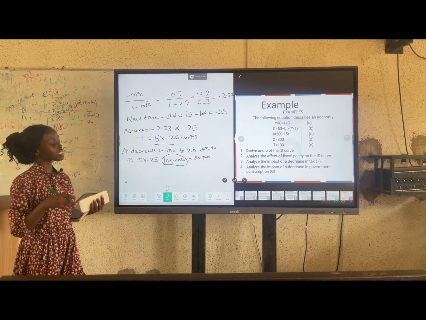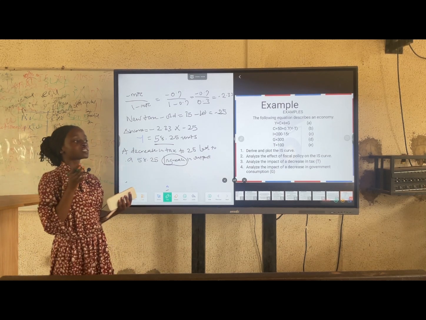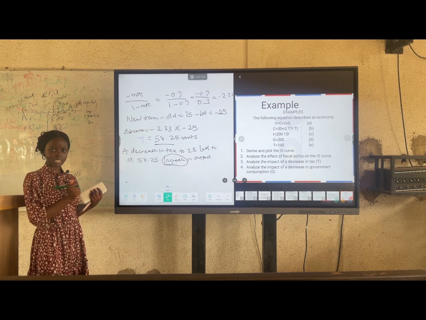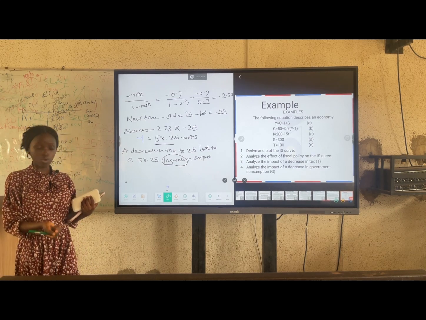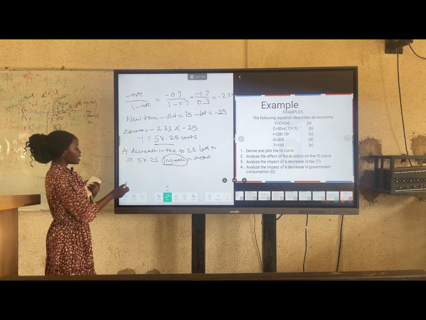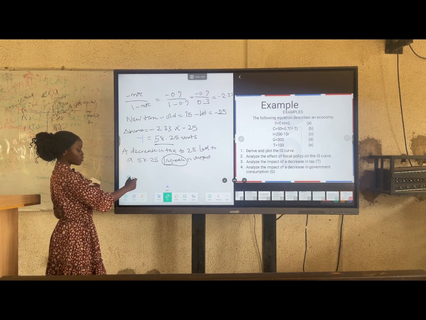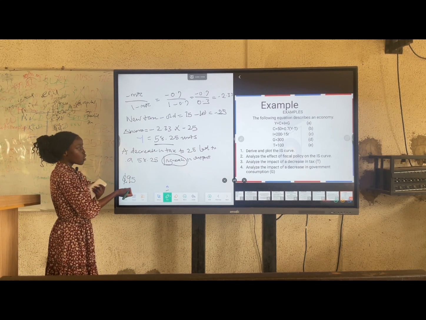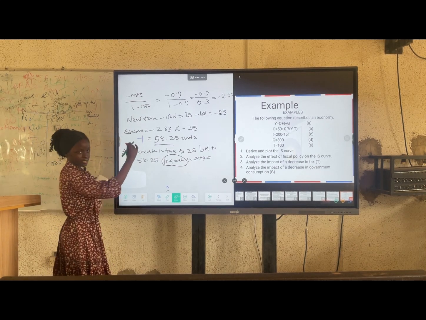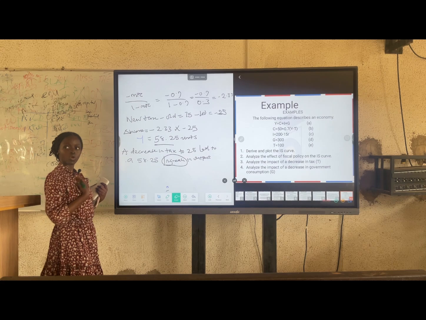Then the government says the tax rate will go from 10% to 5%. I was paying $10 before, so now I pay $5, meaning I have $95 to myself now. This is how I knew a decrease in tax will lead to an increase in income.